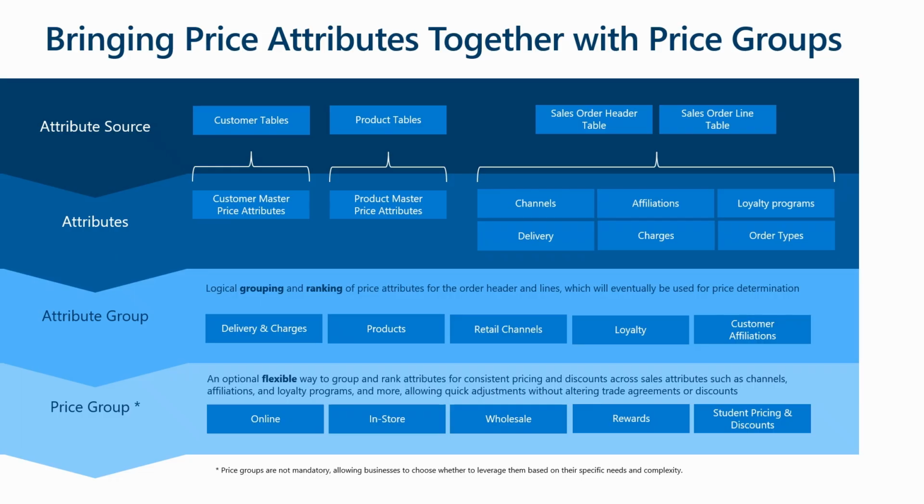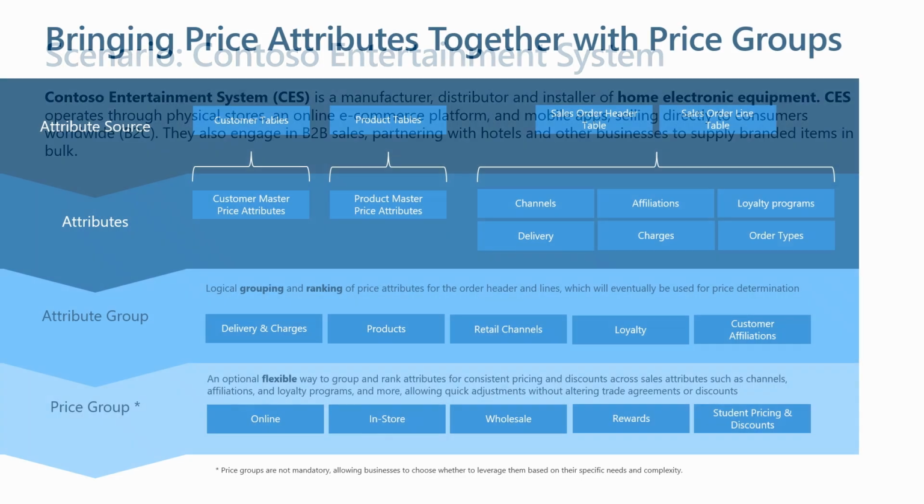This flexibility ensures that businesses can make quick, broad adjustments, responding rapidly to market changes without disturbing the overall pricing setup. It's a huge advantage for both commerce and supply chain management users who need to manage promotions, customer-specific pricing, and other complex pricing scenarios efficiently.